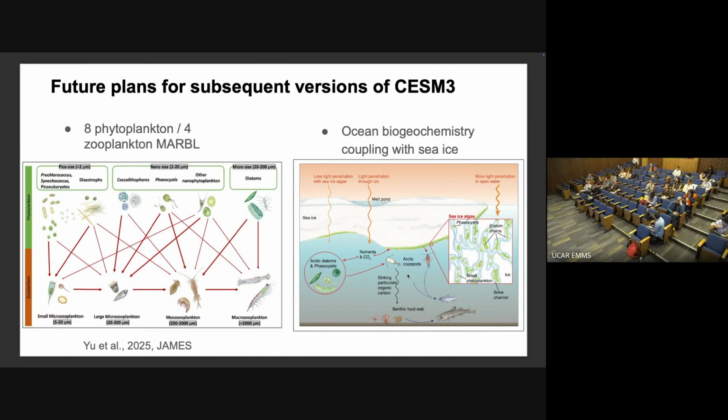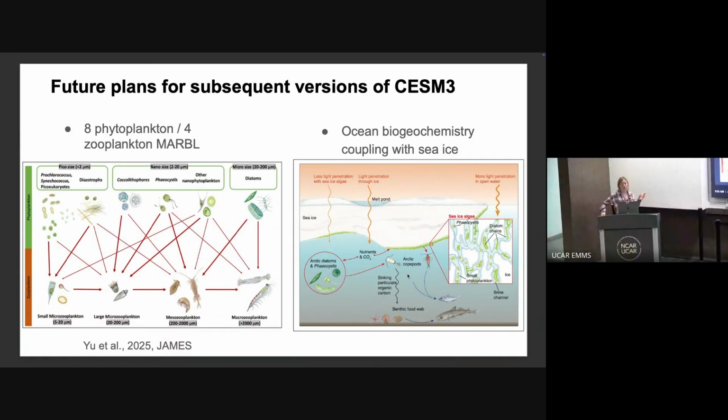Not that it's a competition, but what is the complexity level of MARBL relative to, or do you know relative to, some of the other Earth system models that are doing ocean BGC? The 4P2Z version is pretty comparable to someone like COBALT. I think it has 3 zooplankton types actually.